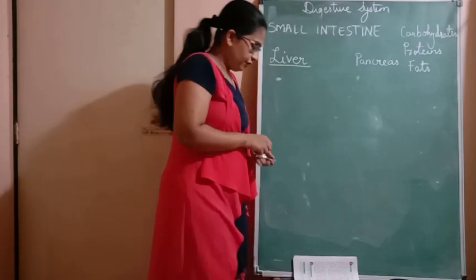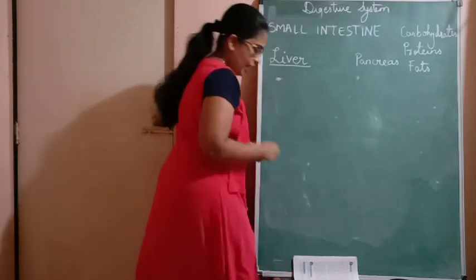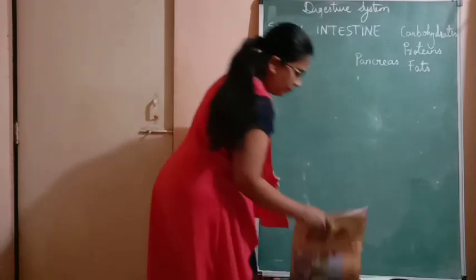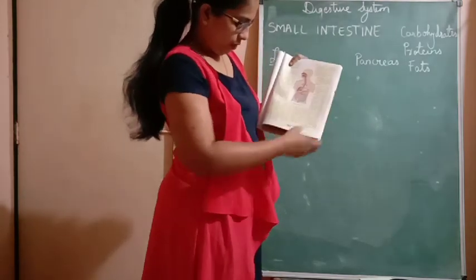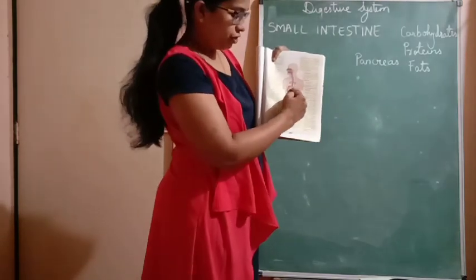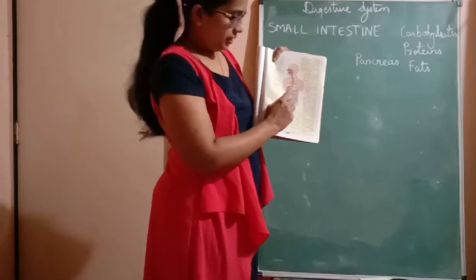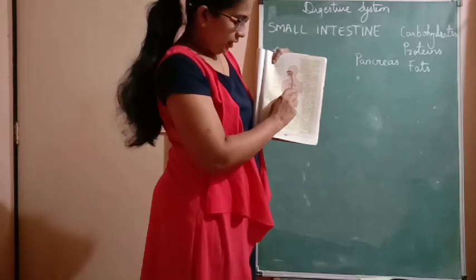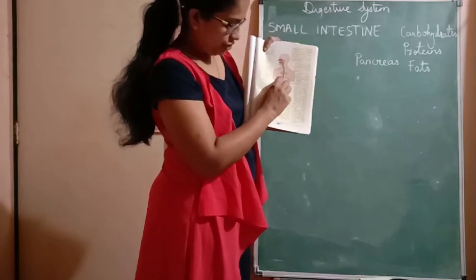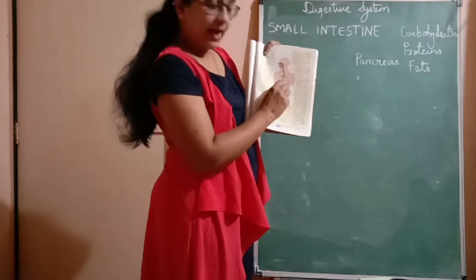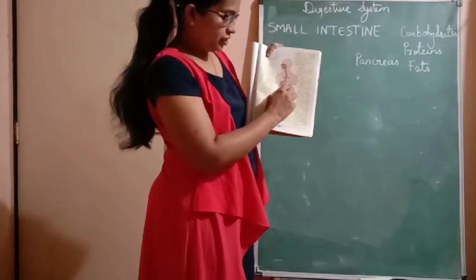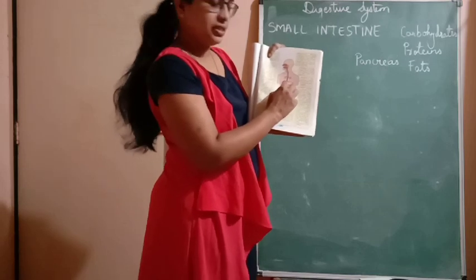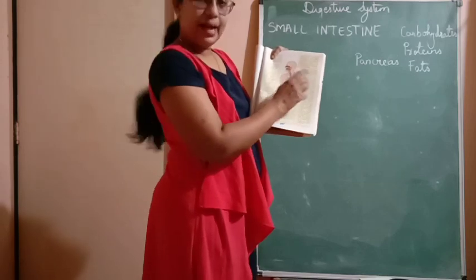So what does the liver do? If you look at the diagram given on page 85, the red portion is the liver. The small green-like structure is the gallbladder, and this structure over here is the pancreas.